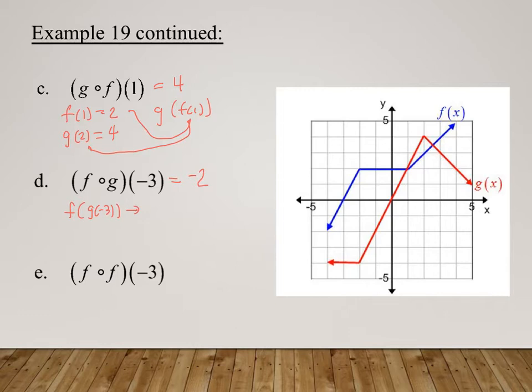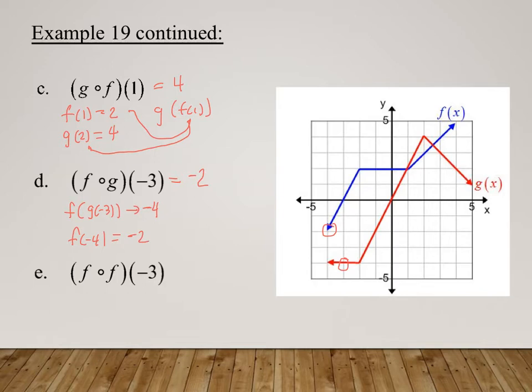G of -3 is what? Well, it's -4, right? So now I'm going to do f of -4, and that's equal to, when I come over here, oh, I see it's -2.